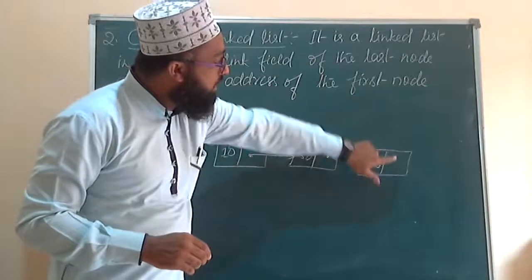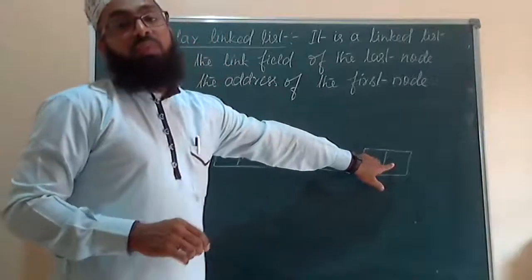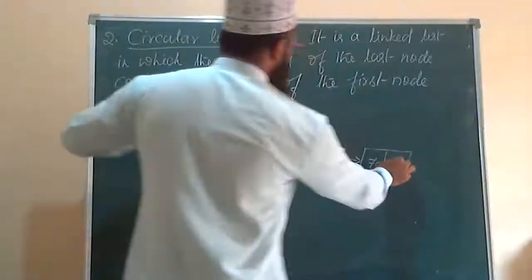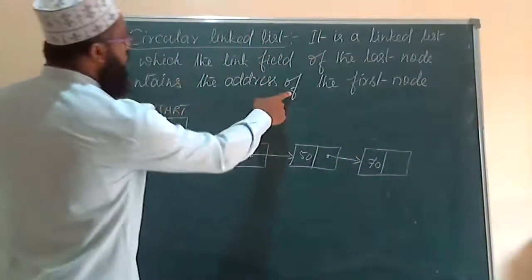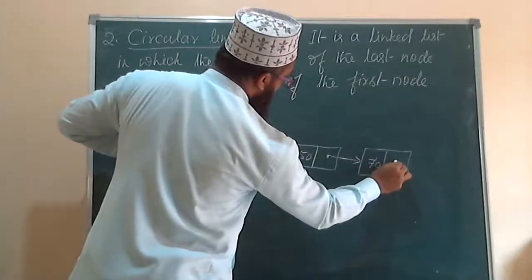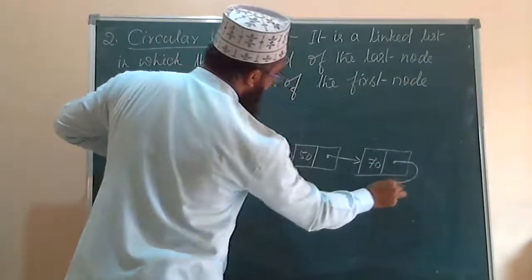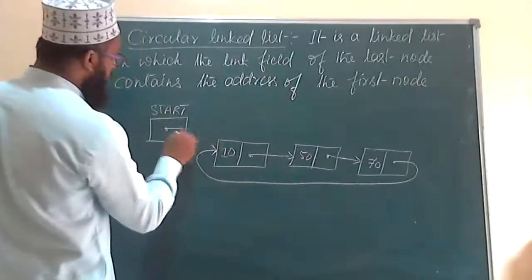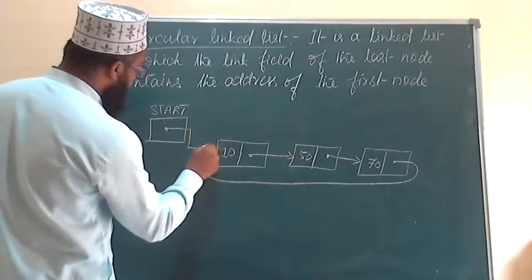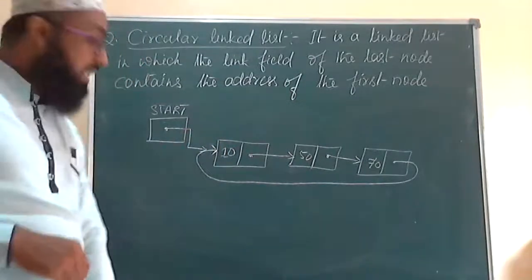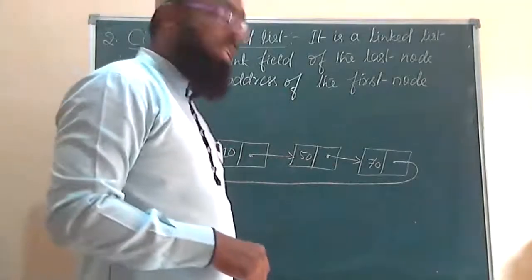This is the last node and this is the link field. The link field of the last node contains the address of the first node. This type of linked list is called a circular linked list.